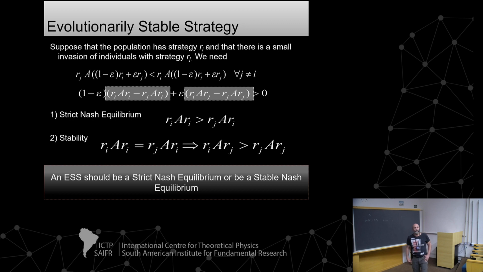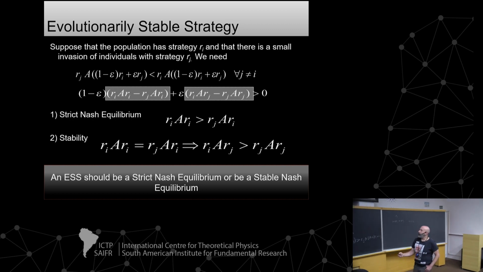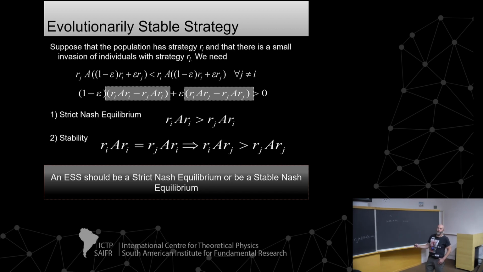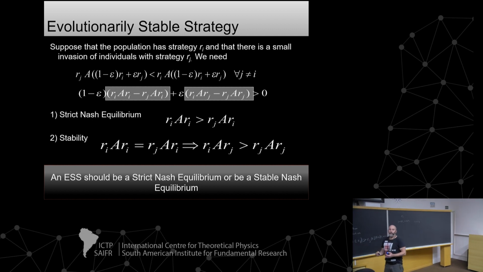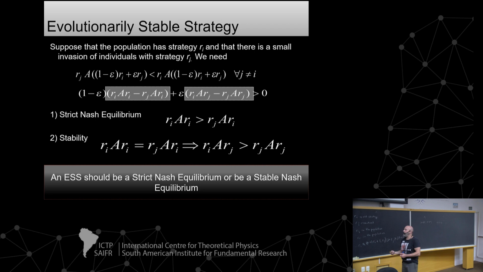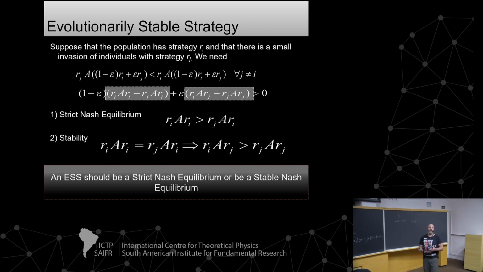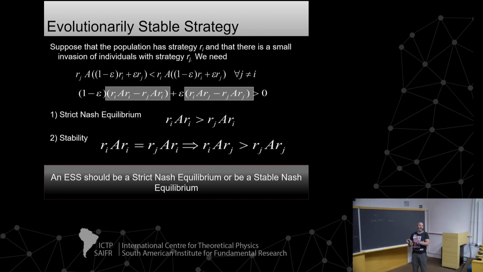Yes, but there's another thing that is important. To be able to show this and to make this calculation, I was always saying that epsilon was small. So there is a sort of threshold of stability. A strategy can be an evolutionary stable strategy if it is invaded only by a small quantity of mutants.